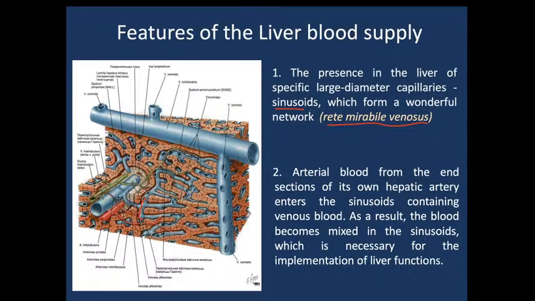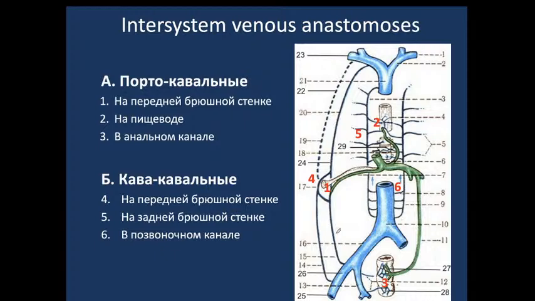So it's a mixed blood, and as a result they produce the central vein in the hepatic lobule, and all blood from the central veins from the lobule comes into the hepatic veins and then into the inferior vena cava.